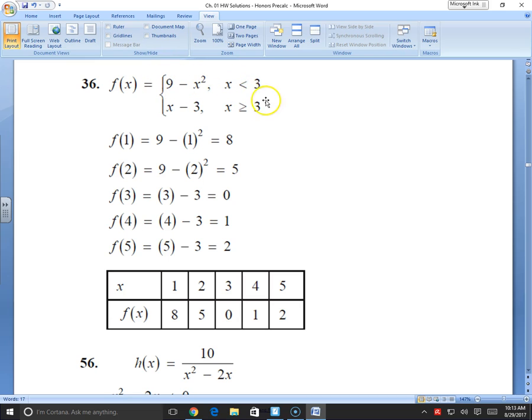What would be going on the left of 3? Yeah, downwards parabola shifted up 9. What's going to go on to the right of 3 and including 3? A line. Where's the hole going to be, on the top piece or the bottom piece? Where it goes all the way up to but not including a point.